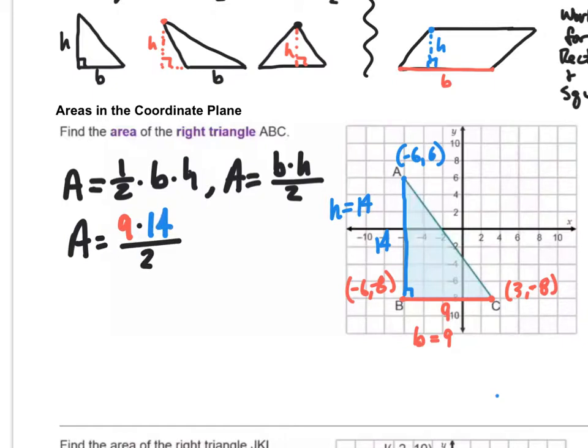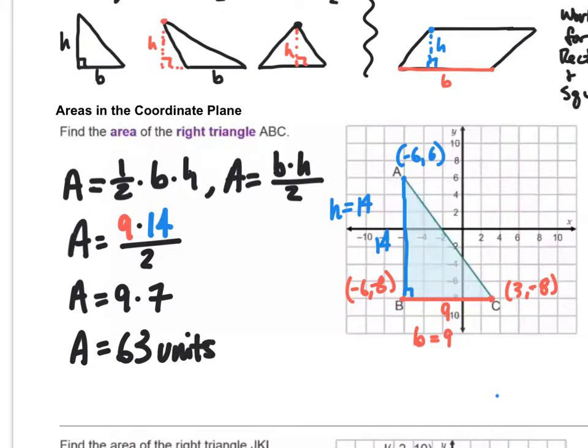What I like about this is that it automatically allows me to do some division here. I can do 14 divided by 2 to get 7, so I'm going to get 9 times 7, and 9 times 7 is just going to give me 63. So this area is 63 units squared.